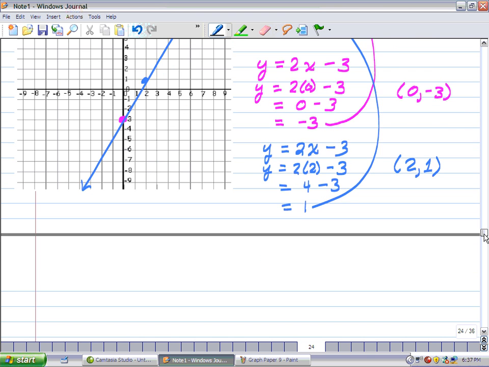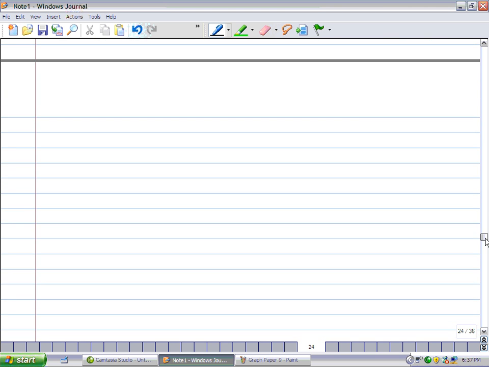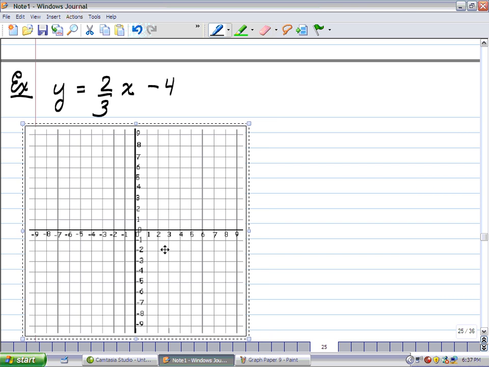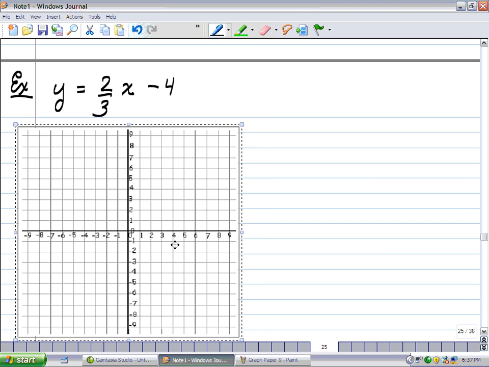But what about when they seem like they're going to come out? Do you want them or not? For example, this example. y equals 2/3 x minus 4. Now, what are we going to do about that fraction? Well, remember, the first thing in order of operations tells us to do what?